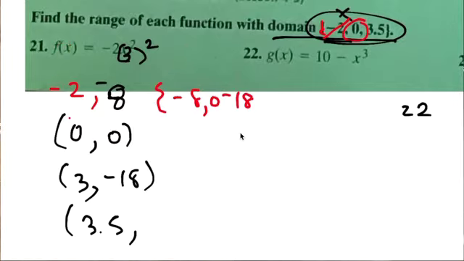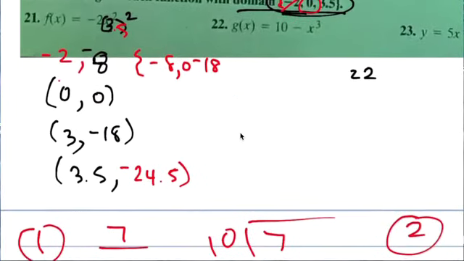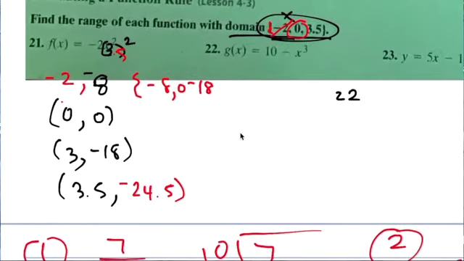I'm doing this problem. 3.5 squared times 2 is -24.5. Okay, so what I was saying, you would write it in sets as an answer. Okay, that's what you do for them.